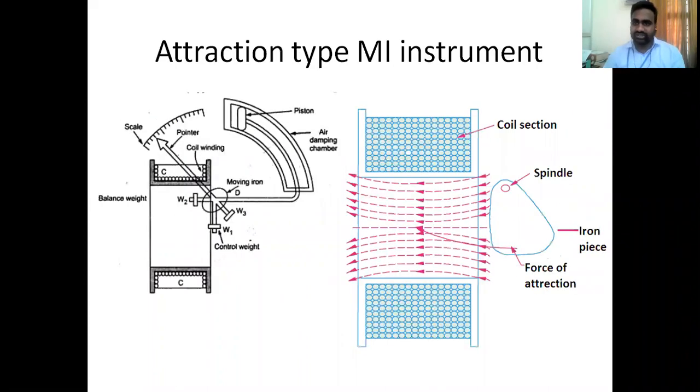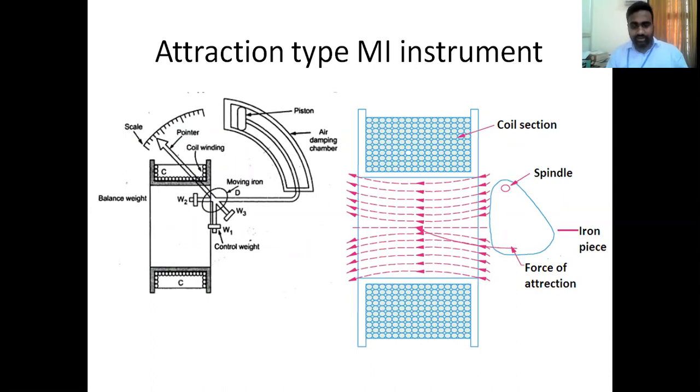The first type of instrument in our classification is the attraction type MI instrument. There are two classifications of MI instruments depending upon the construction and the working principle: one is the attracting type MI instrument and the second is the repulsion type MI instrument.